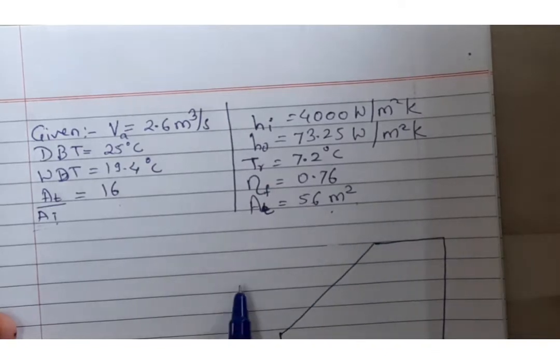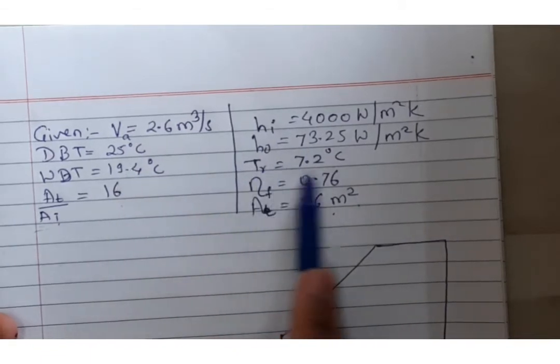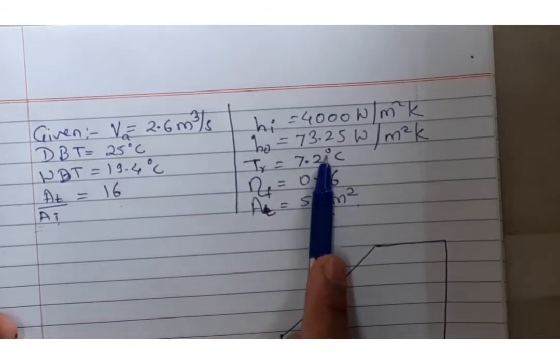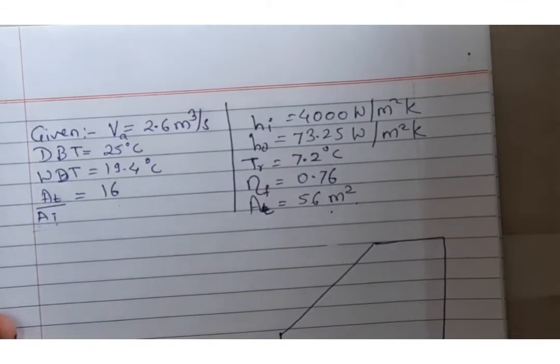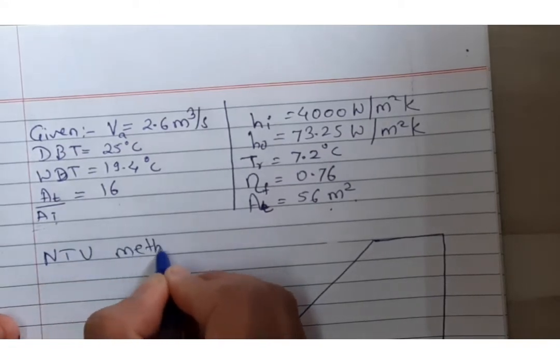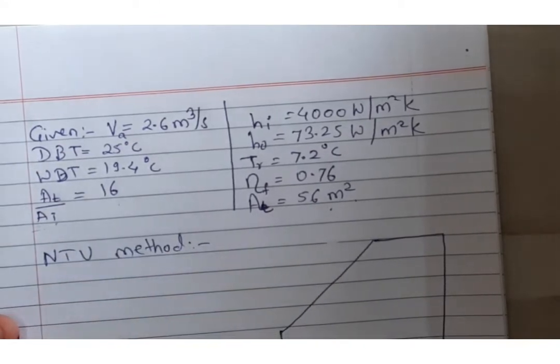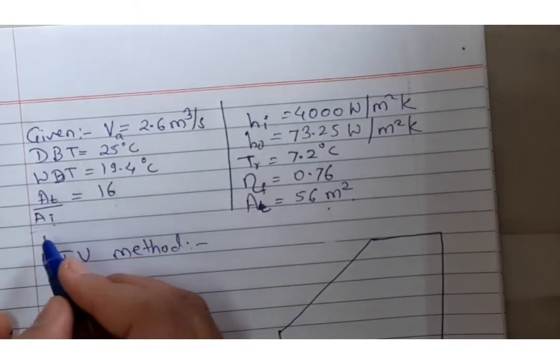So from here we can see inlet temperature of the air is known to us and refrigerant temperature is known to us. Okay, so outlet temperature is not known to us. So from here we can say that we are supposed to use the NTU method. Now in this question, what we are supposed to find? First one, the cooling capacity.